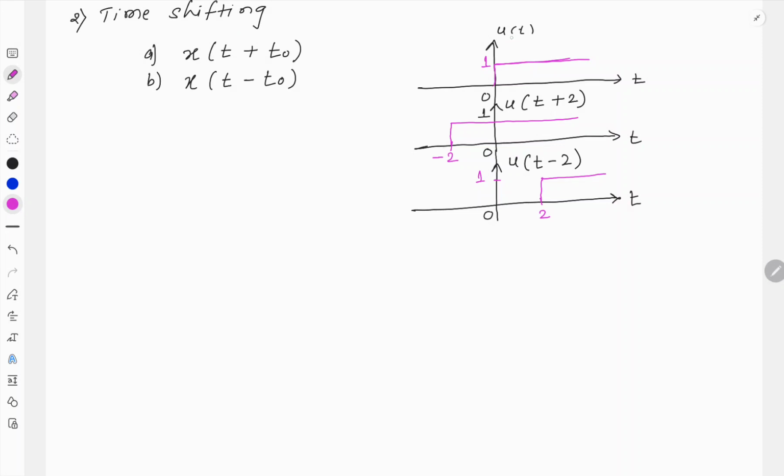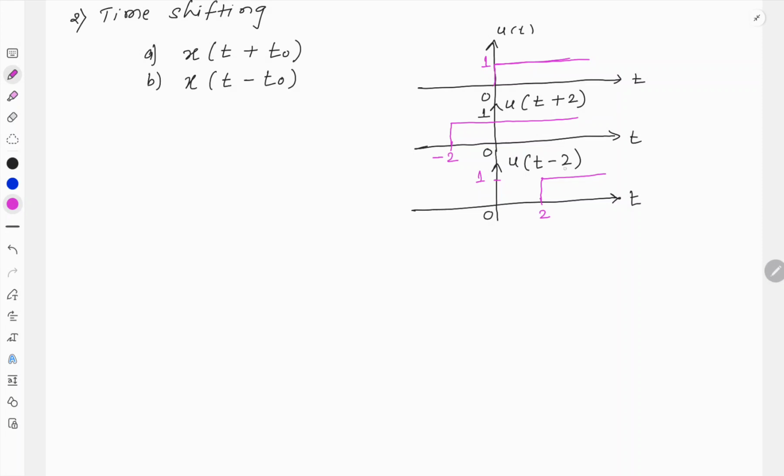So if you look at u of t, it is starting at 0, approaching towards positive infinity. U of t plus 2, so the signal is shifted towards the negative axis, towards the left. Every point on this signal is shifted by amount 2 to the negative side. So 0 is shifted to -2 and the same signal is drawn approaching towards positive infinity.